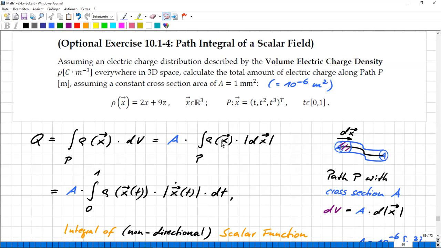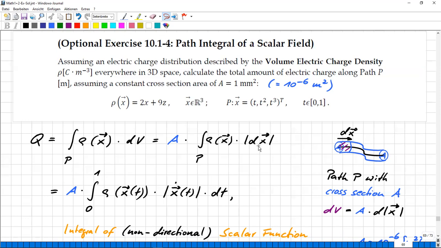And now you see, this is scalar, of course, because the volume in that sense doesn't have any direction. Using a directional differential vector here wouldn't make sense. I am allowed to use absolute values here. That's always the case if the function that I'm integrating along a path is not directional. If it's a scalar function, I may use absolute values, right? You know this from type 1 path integrals.